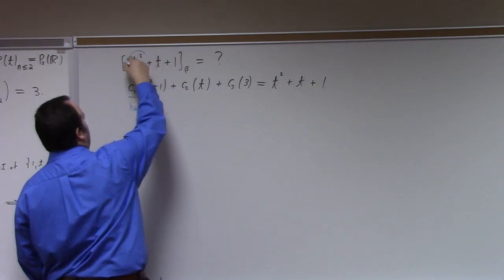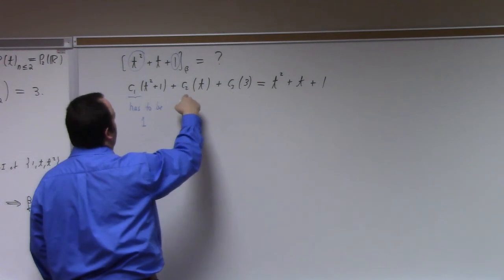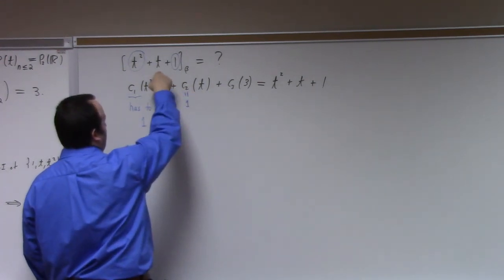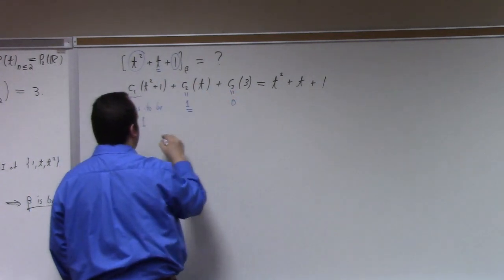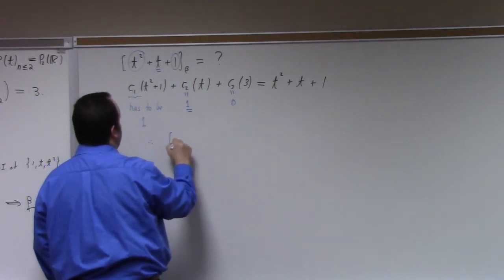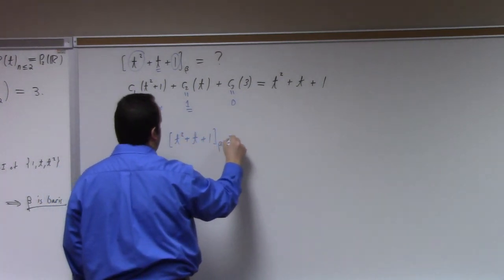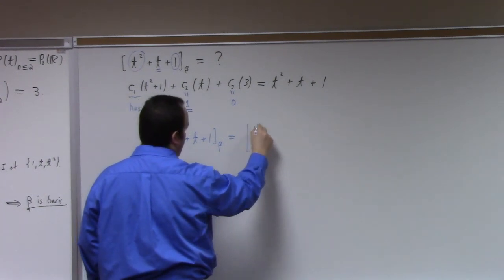That's this piece, and that piece. So you told me, Bethany, C2 should be what? Also should be 1. That gets what's left, and then this better be 0. So, yeah. The coordinate vector of t squared plus t plus 1 with respect to the beta basis is 1, 1, 0.